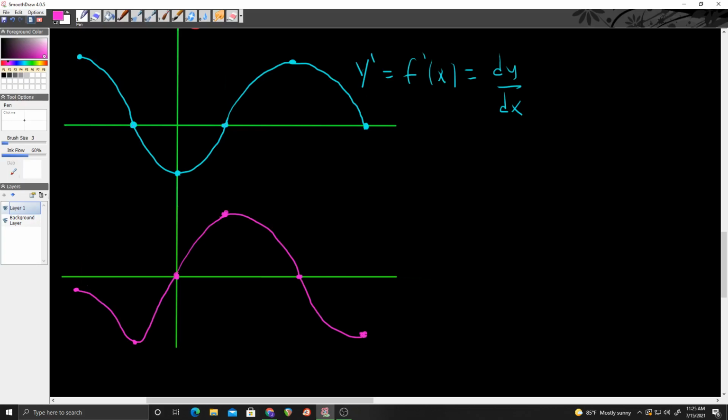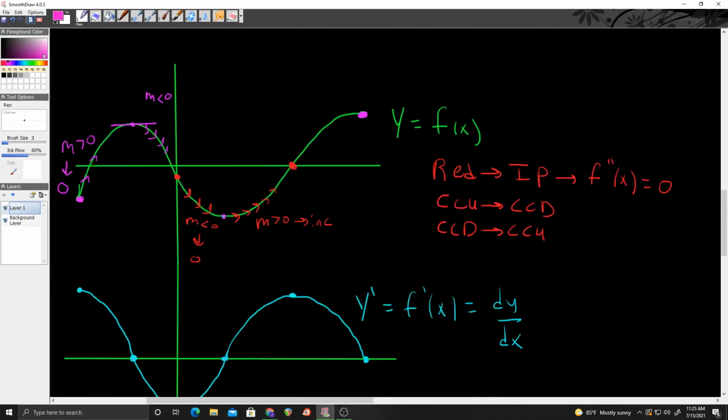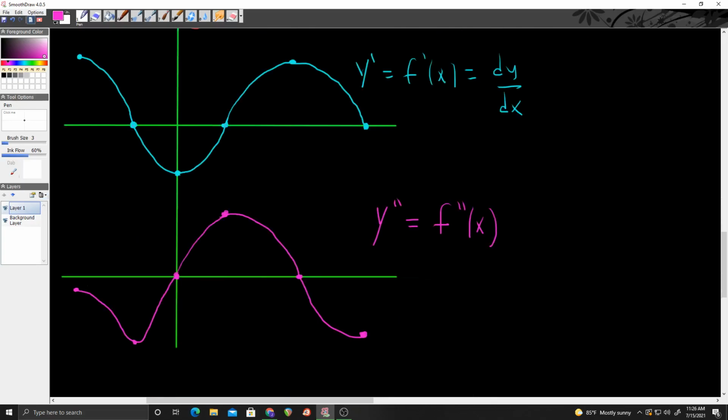All right, so once again, this is the second derivative. And as you can see, just by knowing the function itself, the original curve, we can determine not only the first derivative, but the second derivative as well.